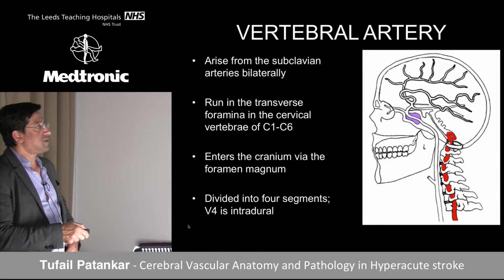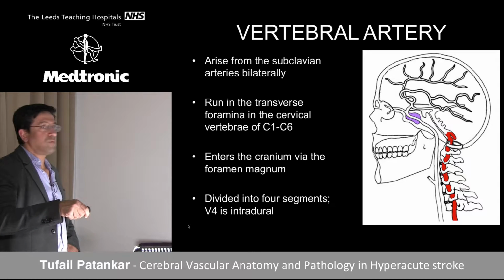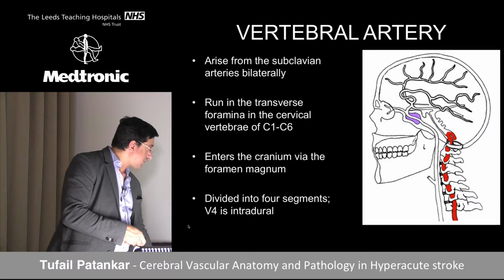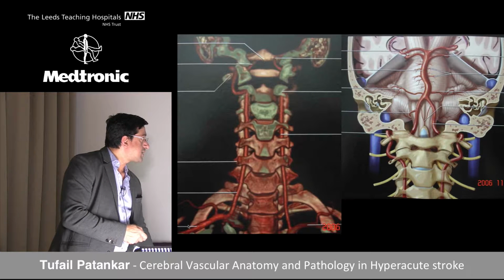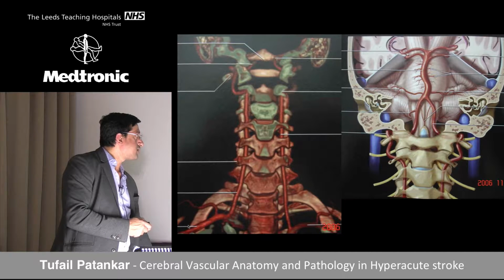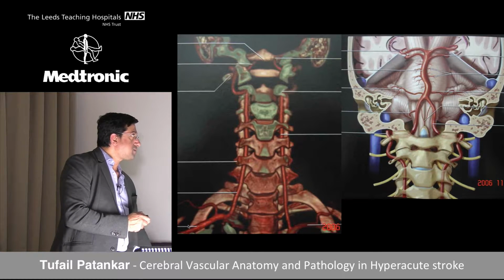It goes between C2 and C1, goes around the arch of C1 and enters the foramen magnum, where it becomes intradural. So again, you've got four segments of the vertebral artery. You can see that the vertebral artery enters here, goes through the transverse foramen there, and then comes out here at C2. This is C1, C2, it comes along the arch of C1. This is where it becomes intradural.